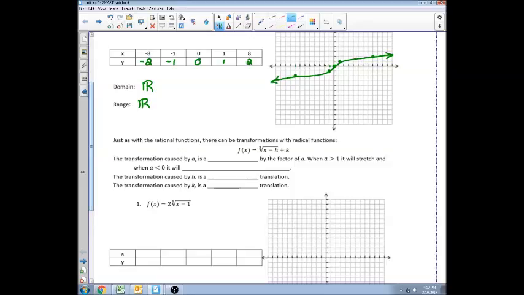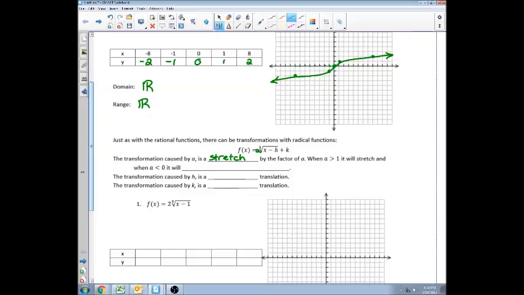Just as with the rational functions, there can be transformations with radical functions. F of x equals, add an a to that please, a times the cube root of x minus h plus k. We're going to treat that exactly the same way as when we had our square roots. All those numbers are going to do exactly the same thing they did to our square roots. So the transformation caused by a is a stretch by the factor of a.